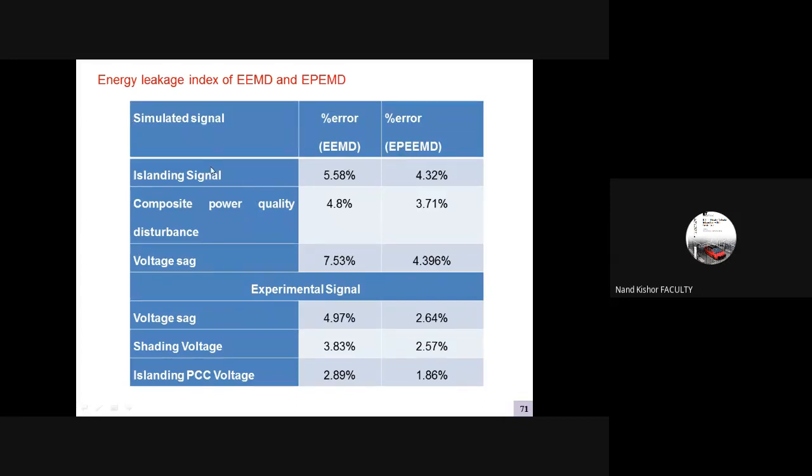We had it for some simulated signals and then for experimental signals. With energy preserving, the energy leakage is much lower compared to ensemble EMD, and in the same way even for experimental signals, the energy leakage percentage is much lower here.